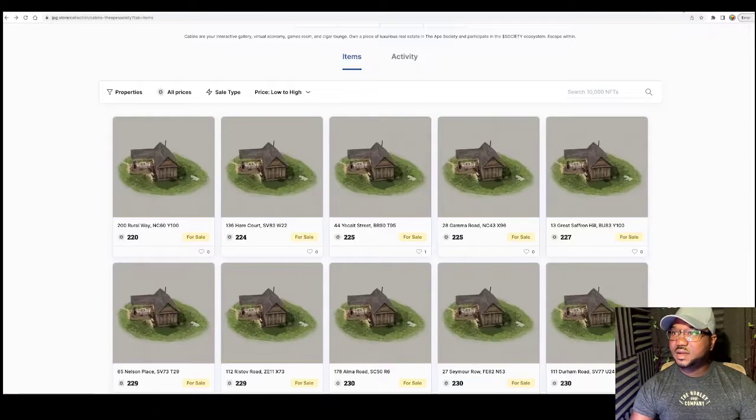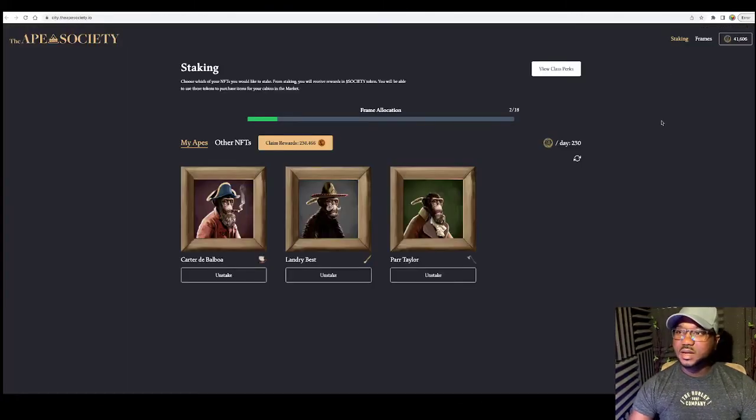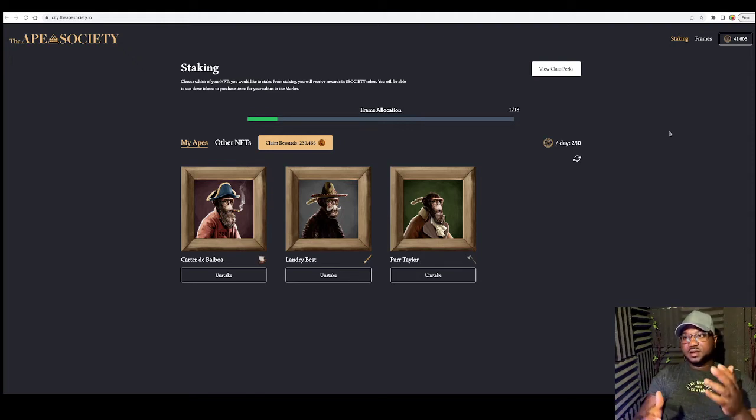Yeah, and then we wanted to also look at staking and the society token. So the society token is the token that's used in the ecosystem. I believe it's about 700,000 tokens.